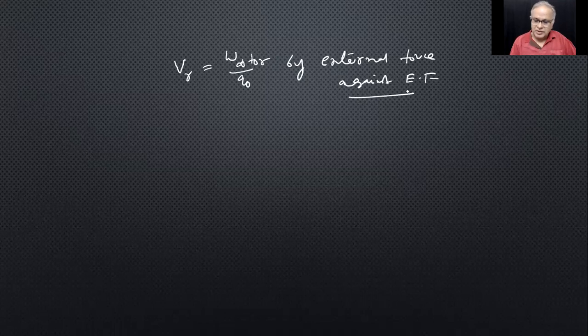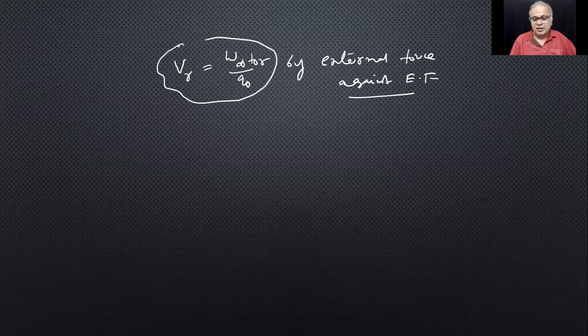It might do extra work against some other forces, but however much work you do in bringing the charge to a point R, V R is the potential at a point described by R. So you bring 1 coulomb: W infinity to R by q naught means you bring 1 coulomb charge. Whatever 1 coulomb charge you bring and do that work will be independent of the charge you brought, whereas it depends only on the electric field there, the electric field formed by the source.